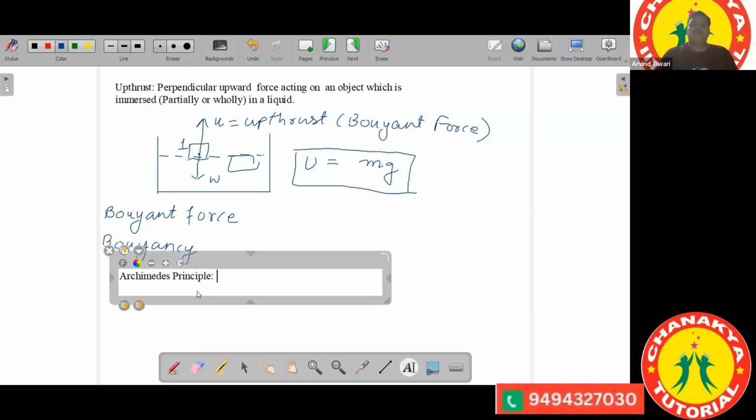As per the Archimedes principle, it states that the loss in weight of a body is equal to the upthrust, and is also equal to the weight of liquid displaced.